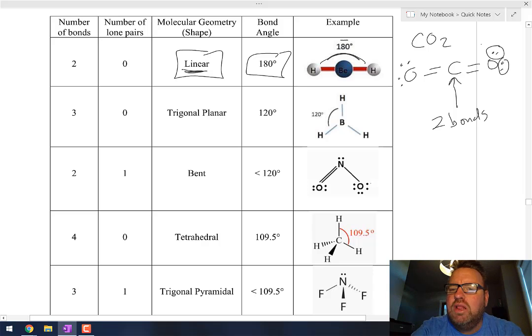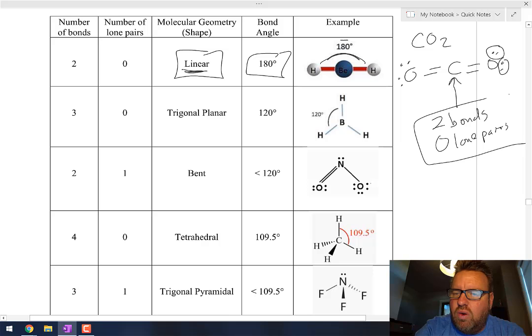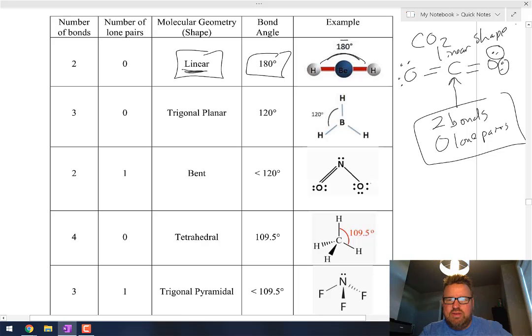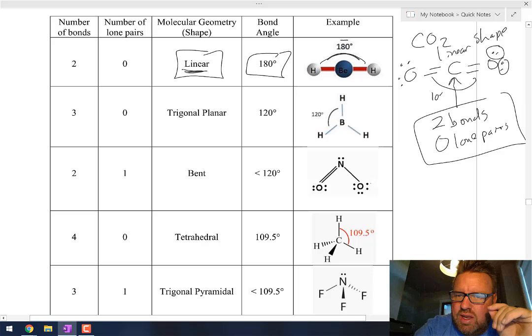How many lone pairs are on the central atom? 0. So if it has 2 bonds and 0 lone pairs, that is a linear shape, which basically means it forms a line. And obviously it has a bond angle of 180 degrees between those outer oxygen atoms.